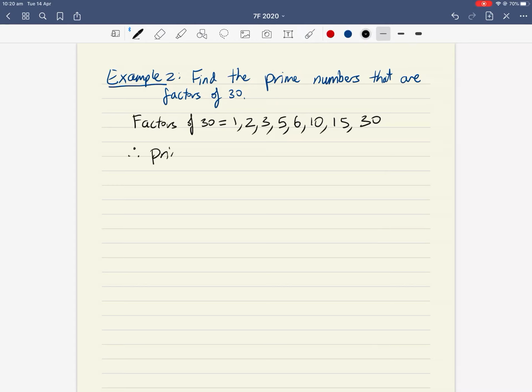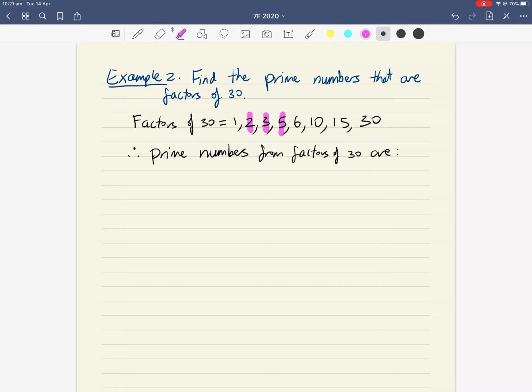So therefore, prime numbers from factors of 30 are, okay, let's have a look at the list. 1 is not prime nor composite, so 1 doesn't count. 2 is our first prime. 3 is prime. 5 is prime. 6 is not prime because 6 is an even number. 10 is an even number, so it's definitely not prime. 15 is not prime because 3 times 5 is 15.